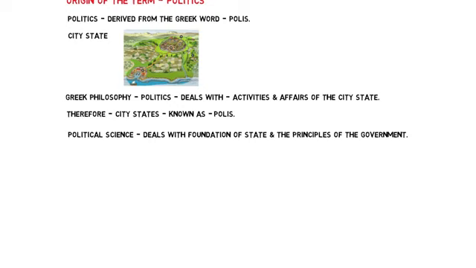So basically, in a broader perspective, political science is a subject which talks about the foundation of the state, how the state has been formed, what the reasons behind it are, or what the nature of the state is, or how people by and large decided to put together and make a state, as well as different principles and the functions of the government. So by and large, political science deals with the foundation of the state and various principles of the government.